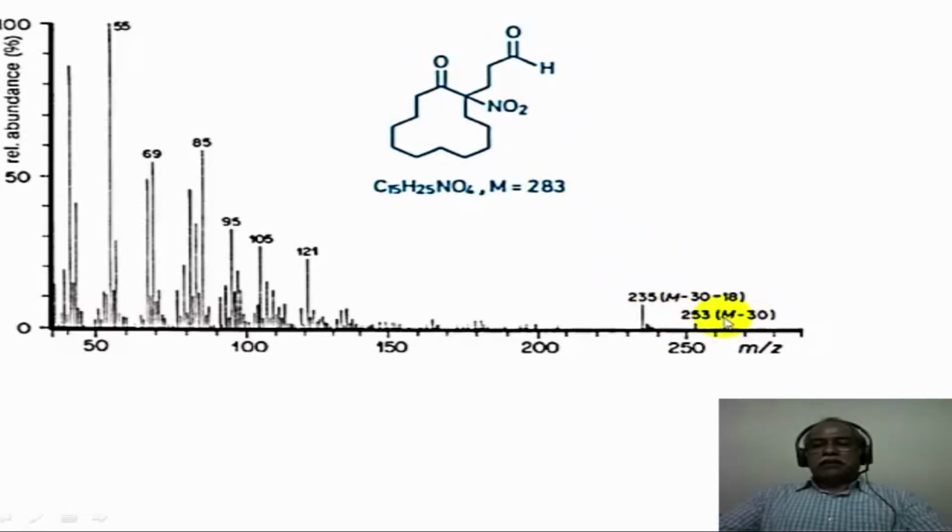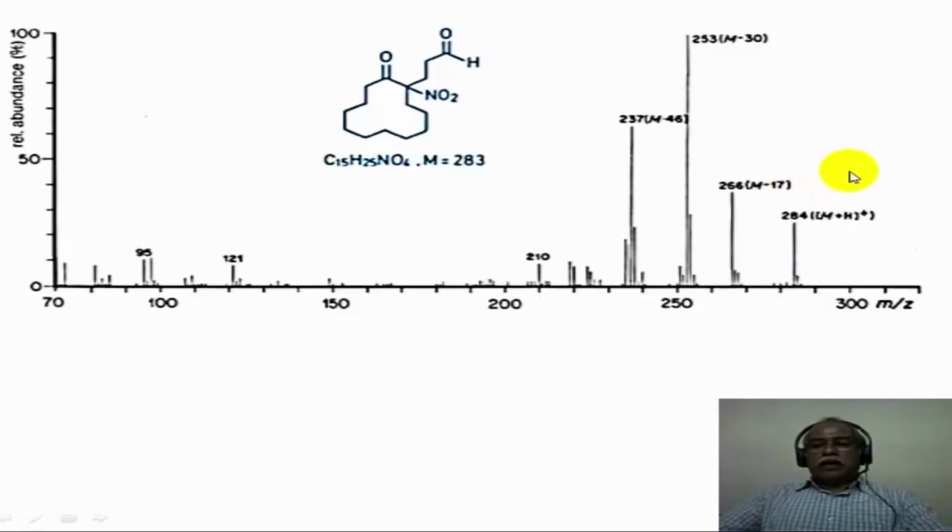What is registered is molecular ion minus 30 mass units, molecular ion minus 48 mass units, which all correspond to the loss of, for example, the NO2 group, or NO, or HNO2. These are the losses that take place during the fragmentation process, and as a result, the molecular ion is not detected in the mass spectrum of this particular compound.